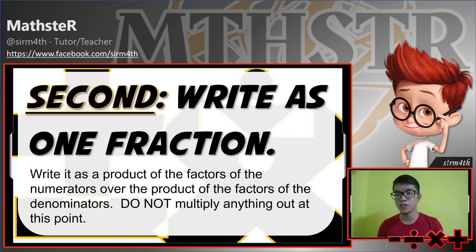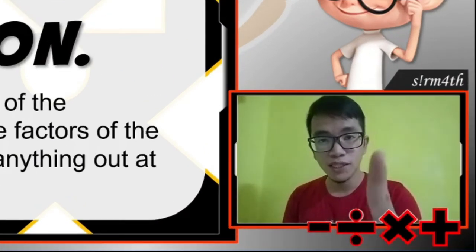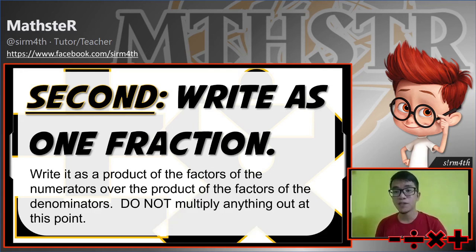Write it as a product of the factors of the numerators over the product of the factors of the denominators. Do not multiply anything out at this point. Ibig sabihin, katulad ng ginawa ko kanina, hanggat meron pa tayong kayang i-cancel, hanggat meron pa tayong nakikitang magkapareho sa kanila, huwag muna tayong mag-multiply.